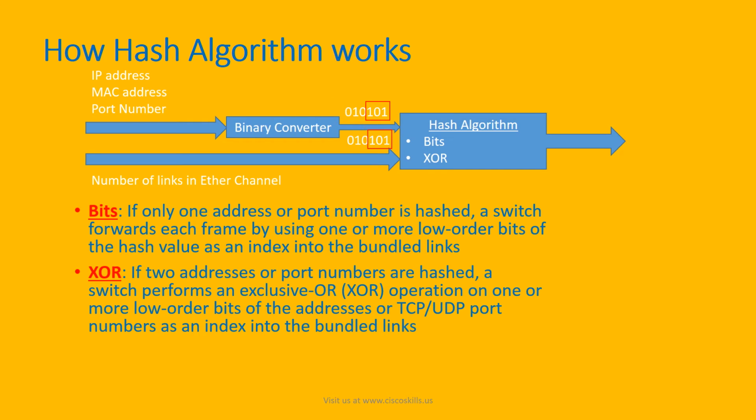So in this case we pick the same random string and it will perform the XOR operation. 0 0 0. So link 0 will be used.